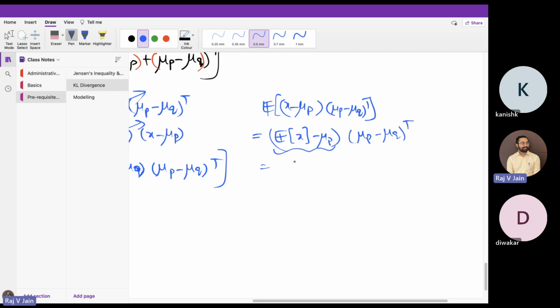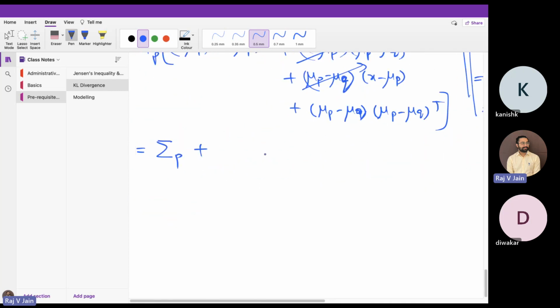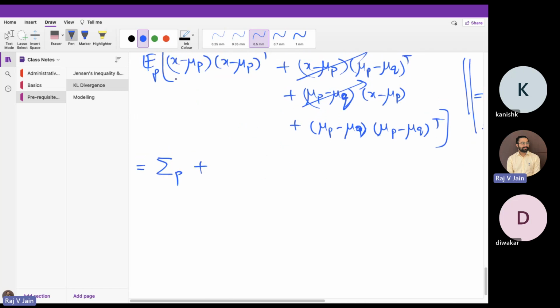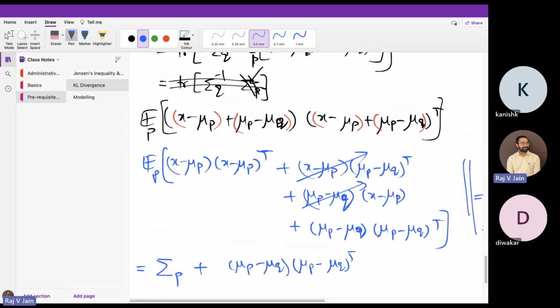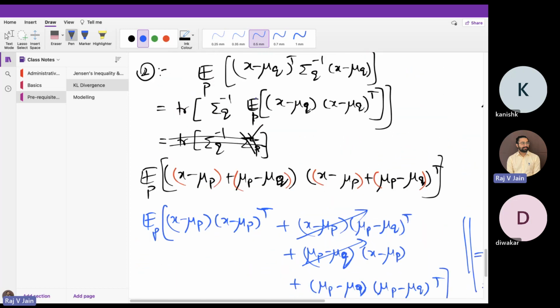This by definition is 0, since we define mu P that way. And then finally what I have is the expectation over P of the last term. Again, this is a constant quantity, so this is just mu P minus mu Q into mu P minus mu Q transpose.